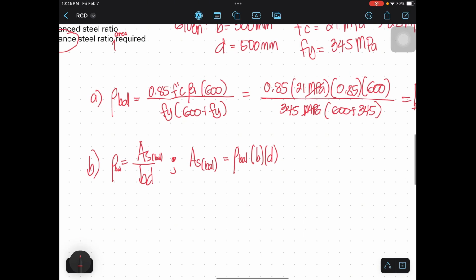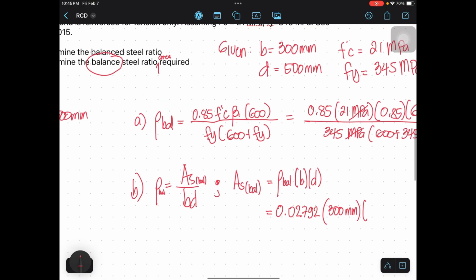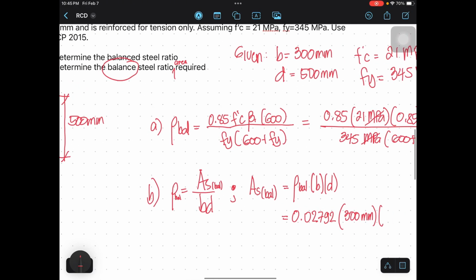Okay, by substituting the given, we have 0.02792 rho balanced multiplied by 300 millimeter multiplied by the effective depth of 500 millimeter.